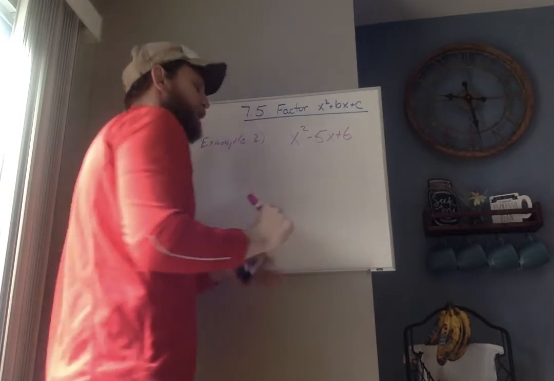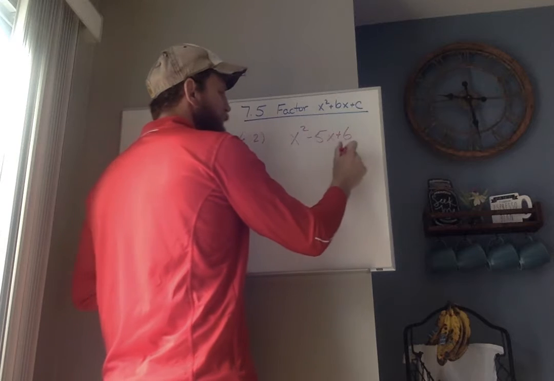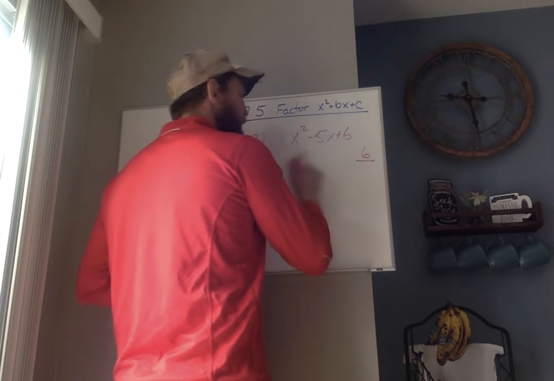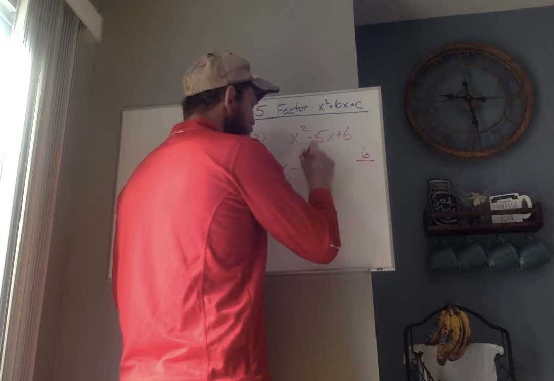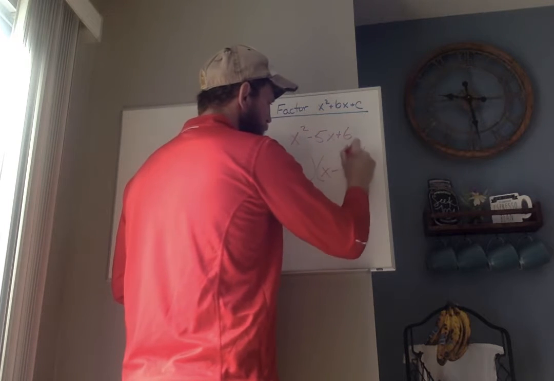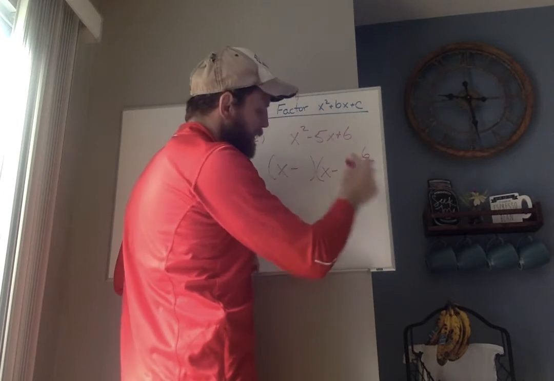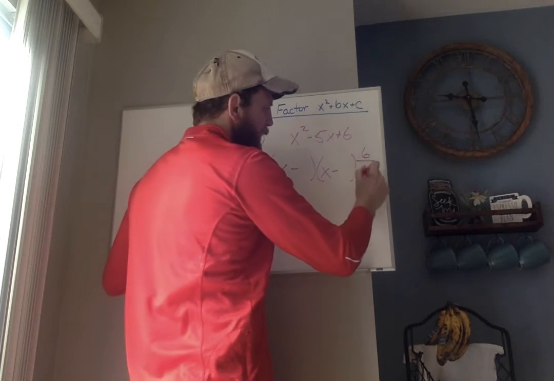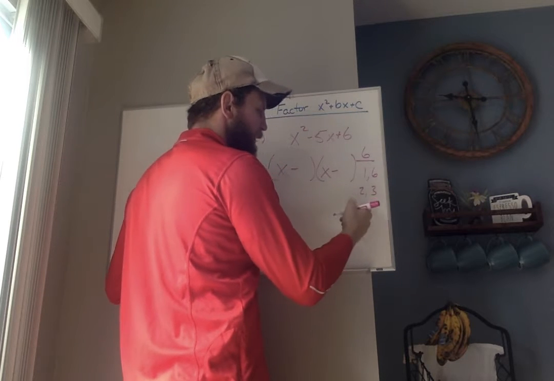Because this followed my pattern of minus plus, my two signs are negative, so I already know it's x minus a number times x minus a number. Now I just have to figure out what it is. Let's break down 6 into 1 and 6, 2 and 3.